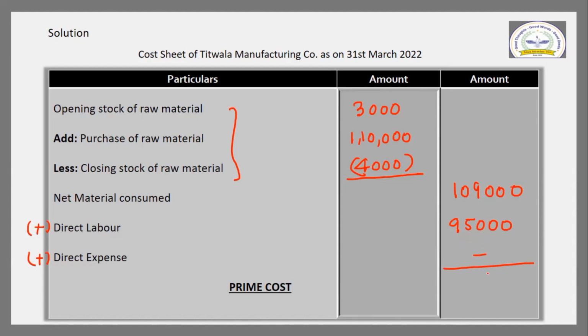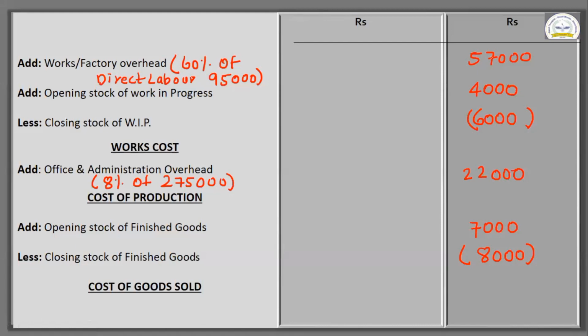And we are going to add this. 1,09,000 rupees plus 95,000 is 2,04,000. Then we are going to add the amount 57,000 plus 4,000, and then we'll less this 6,000. So we'll get the work cost as 2,59,000 rupees.